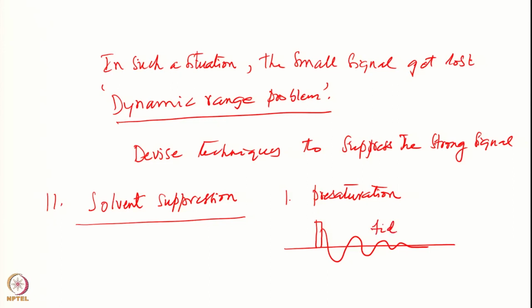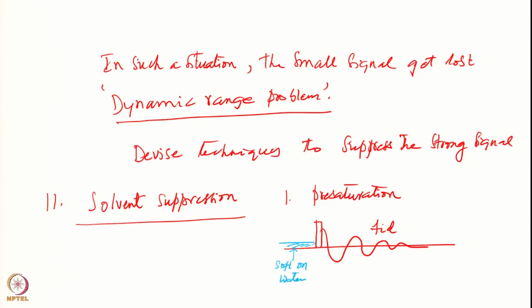So, what I will do is, before I apply the 90-degree pulse, I apply a soft RF, another RF. I do not use the same RF which is here. I will use the soft RF here on water, that is the solvent signal.